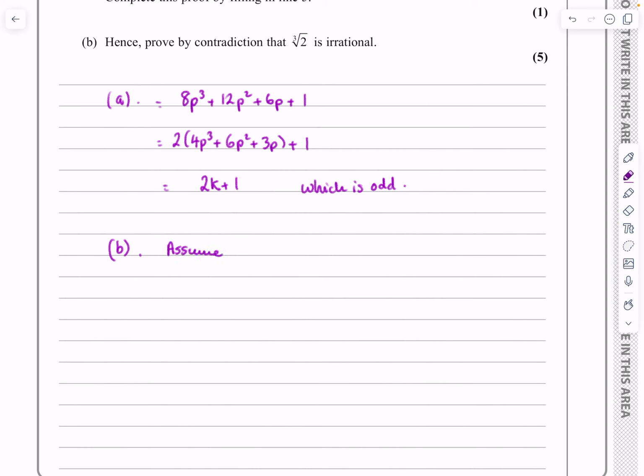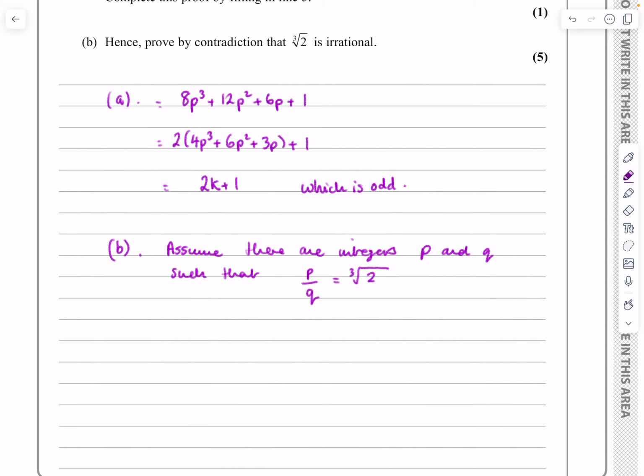I'm going to assume there are integers p and q such that p over q is equal to the cube root of 2.